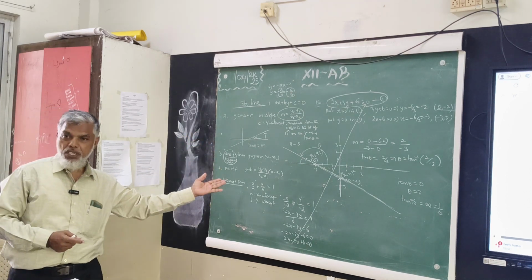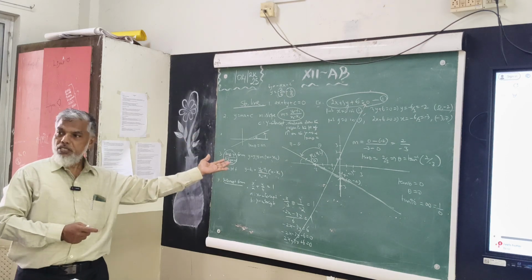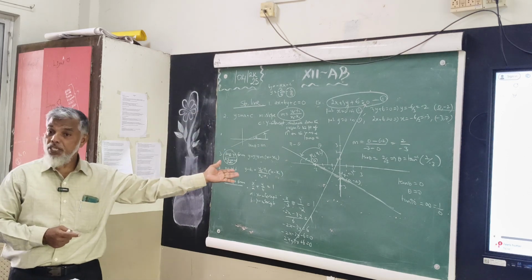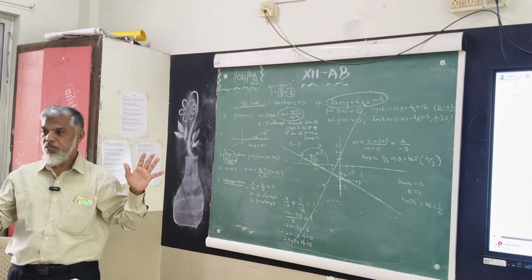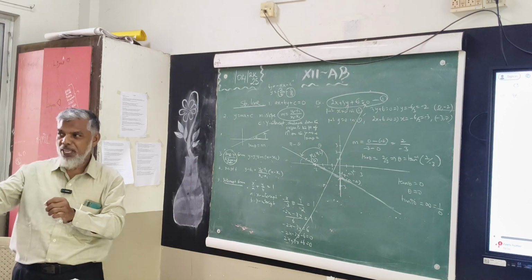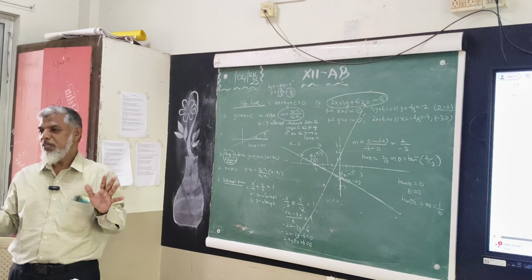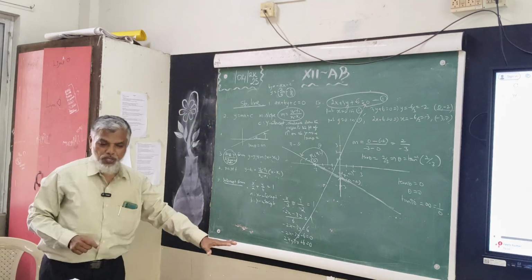So we have matched analytical geometry into sets. Similarly, we can match sets into calculus, integration, etc. But if you have a strong background, we can match. If you do not have a strong background, we cannot match. Right? Any doubt in this?